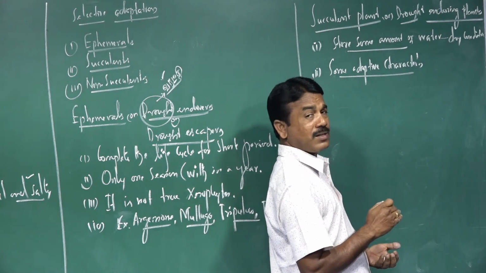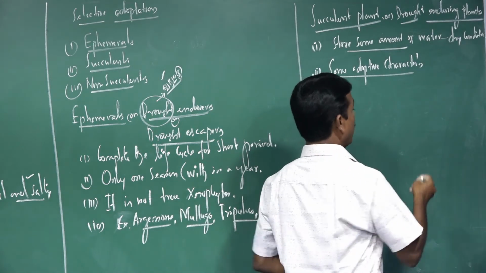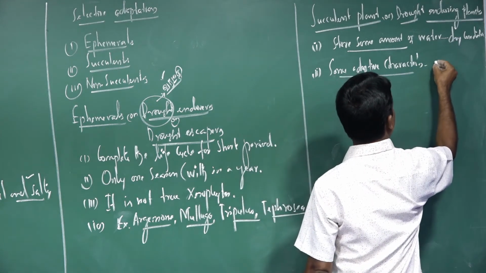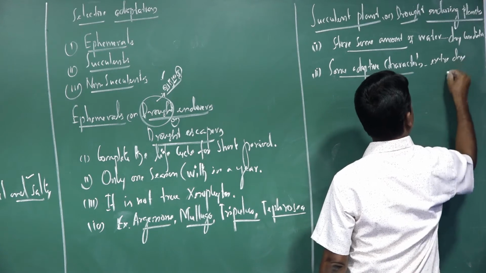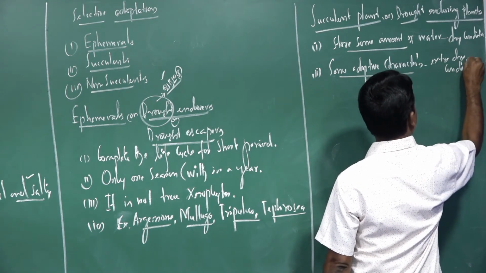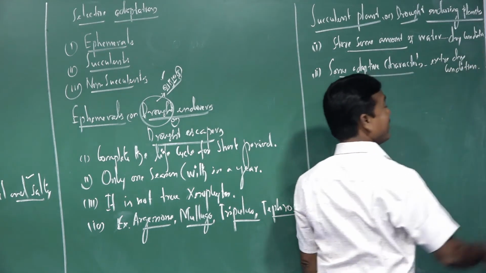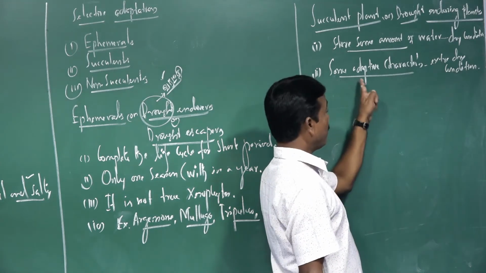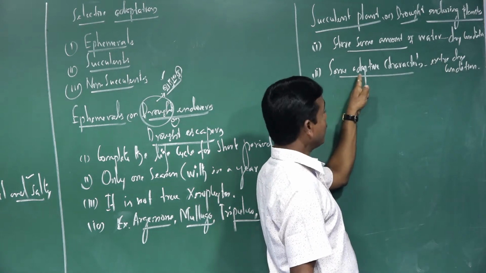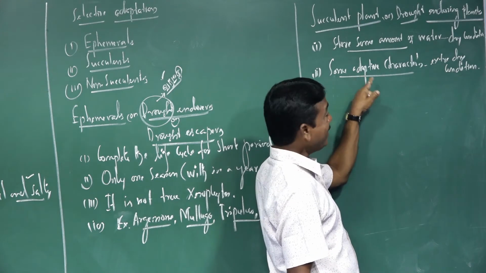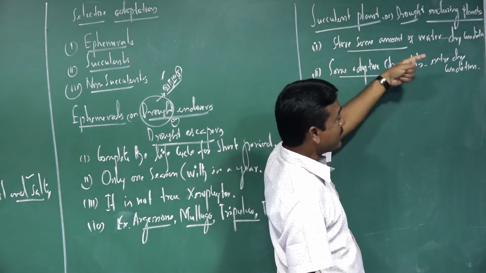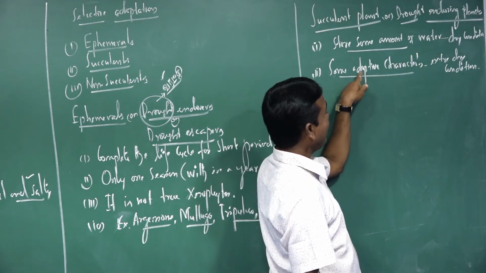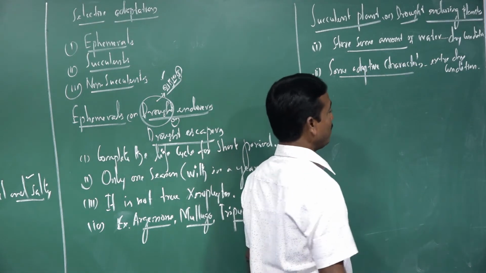That adaptive character develops during extreme dry conditions. If the plant does not face an extreme dry condition, it cannot develop such an adaptive character. Only when the situation becomes extremely dry can they develop some adaptive characteristic features.